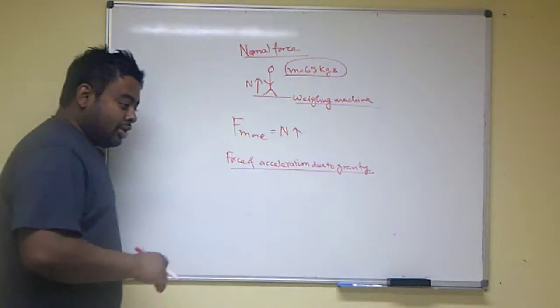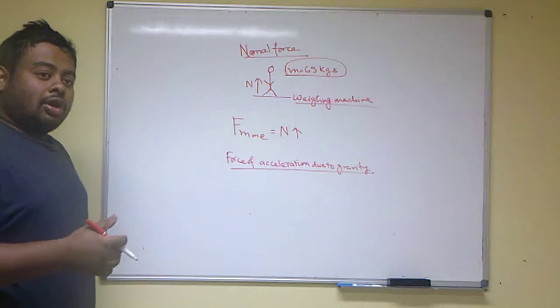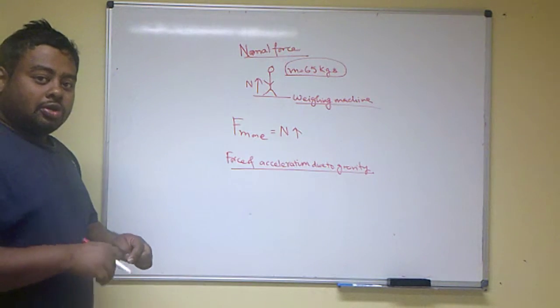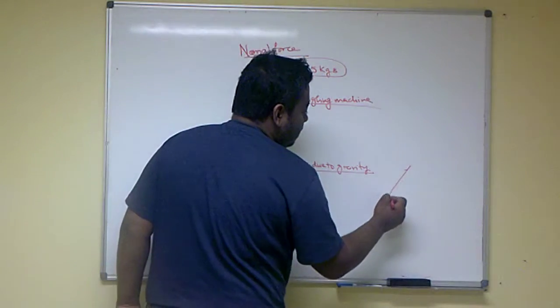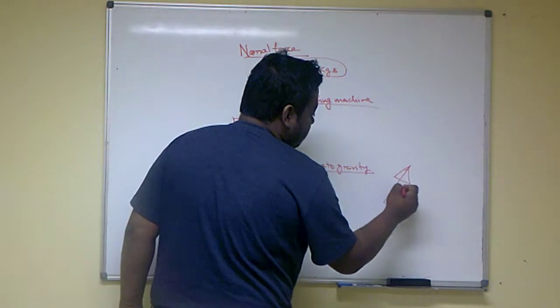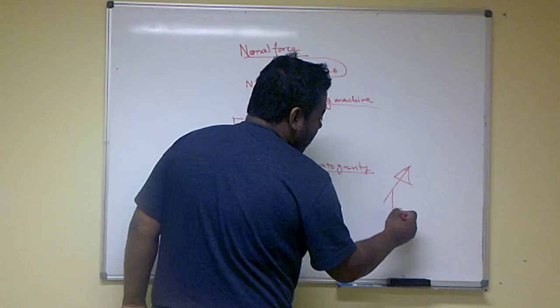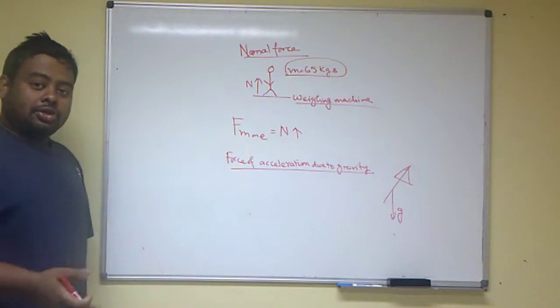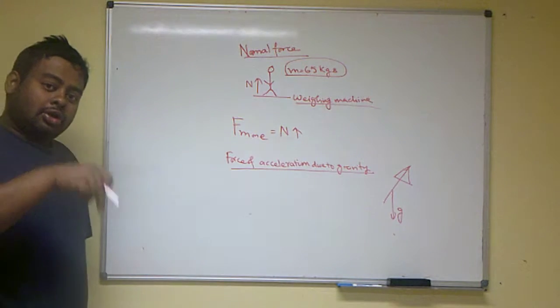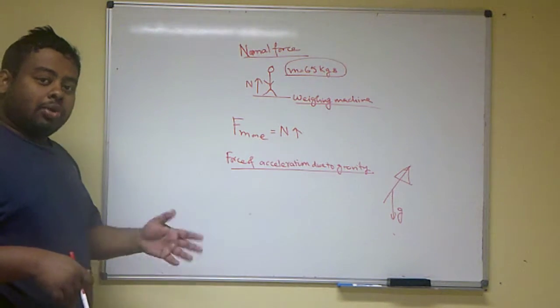And that force, my friends, acts in the direction of the earth. So even if the plane is going at an angle, it will always act in the downward direction, or towards the earth's direction, whichever direction the earth's normal points to.